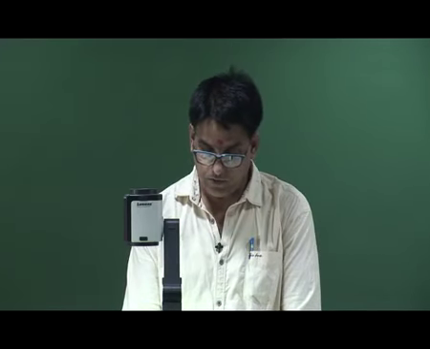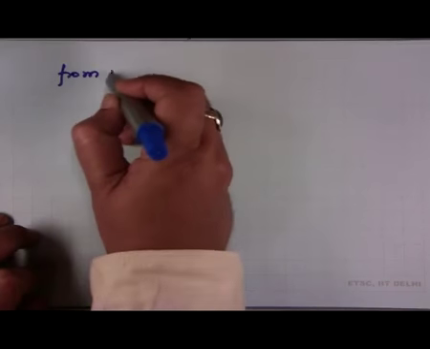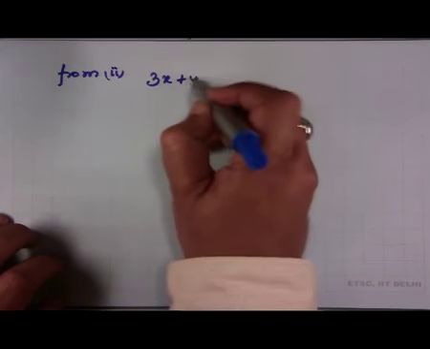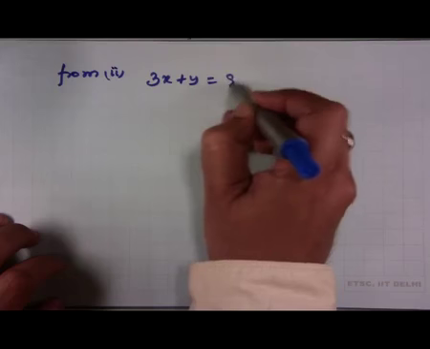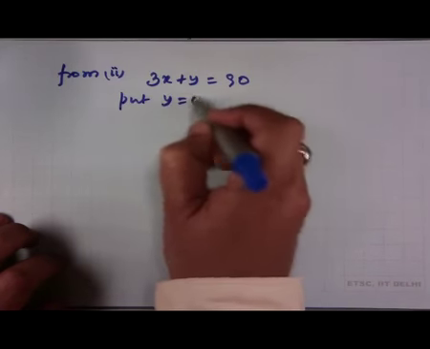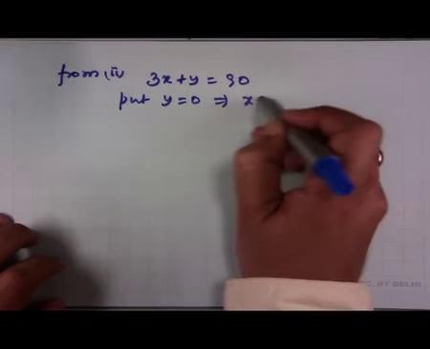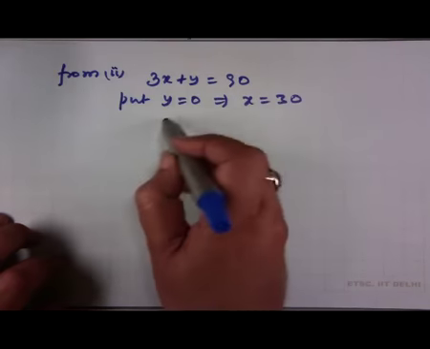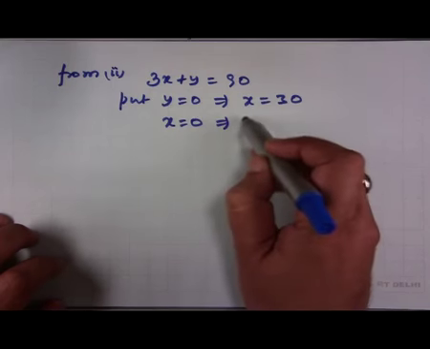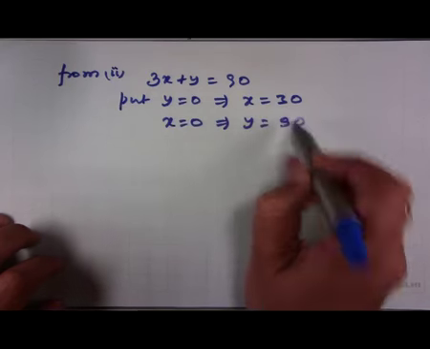From 2, 3x plus y equal to 90, put y equal to 0, x equal to 30, x equal to 0 implies y equal to 90.